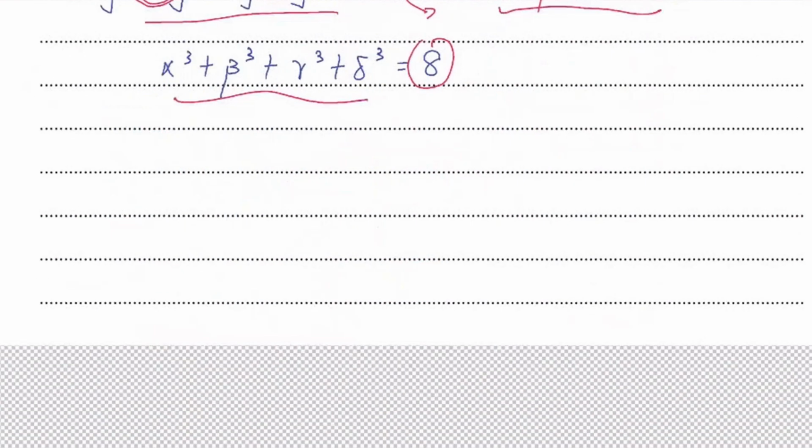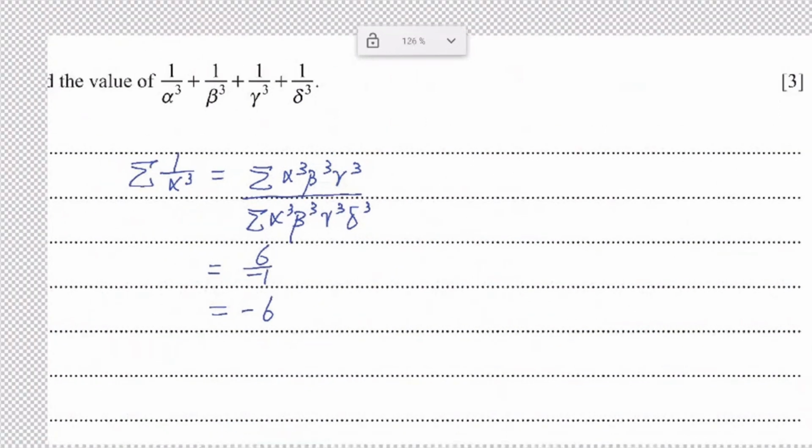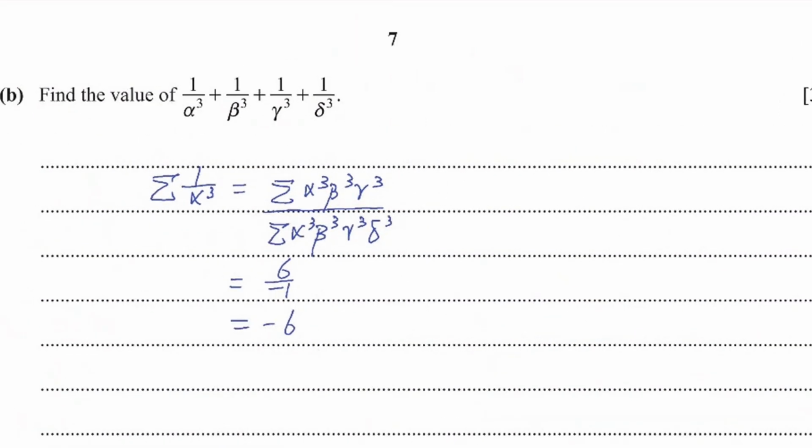The following part of the question, part B, is to find the value of 1 over alpha cubed plus 1 over beta cubed and so on. For this one, we could combine them. We can observe that you just need to treat all these cubes as the new roots for the equation there.